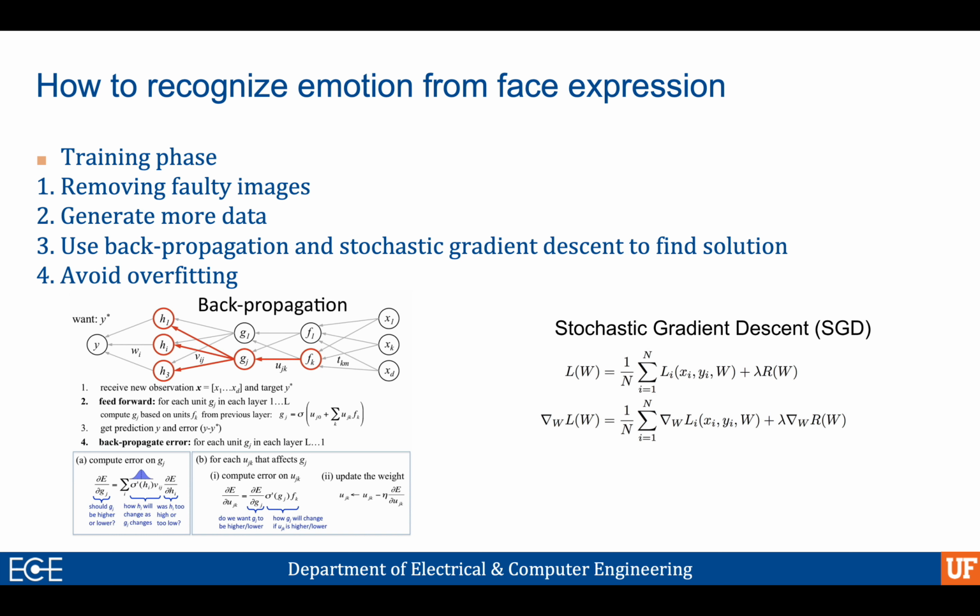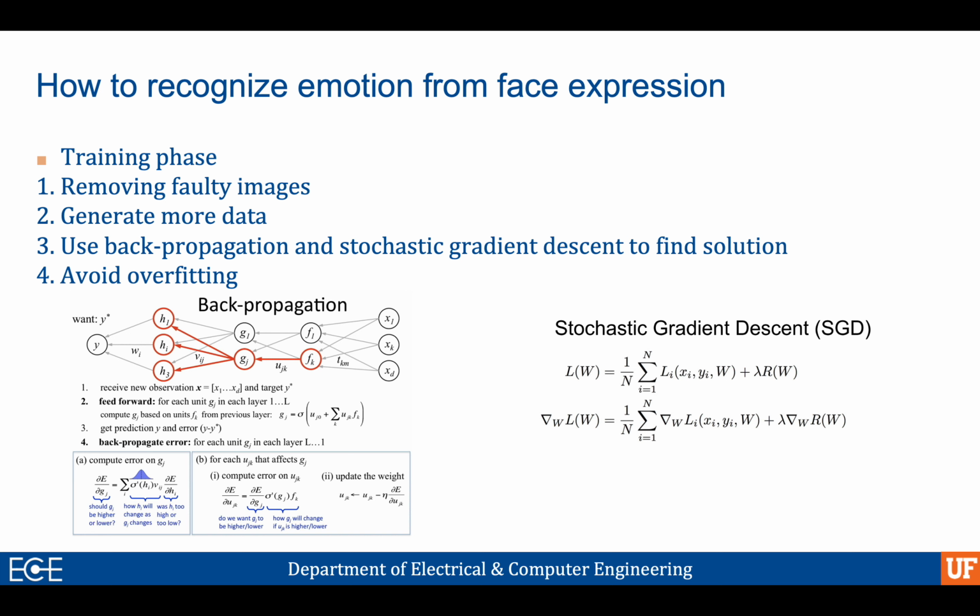So we already have this model. How to train this model is very important. As I train this model, there are four tricks I use. The first thing is I remove some faulty images, whose pixels are all black. There are 9 such images in this training set, so I remove these faulty images in order to train this model in a good way.